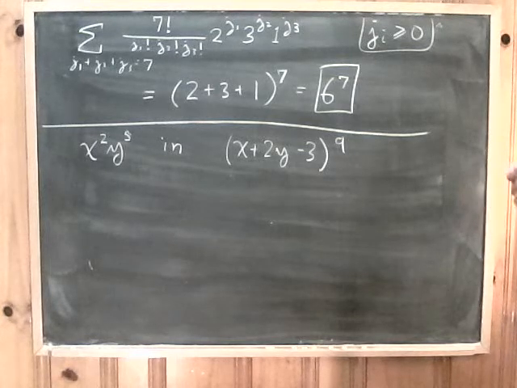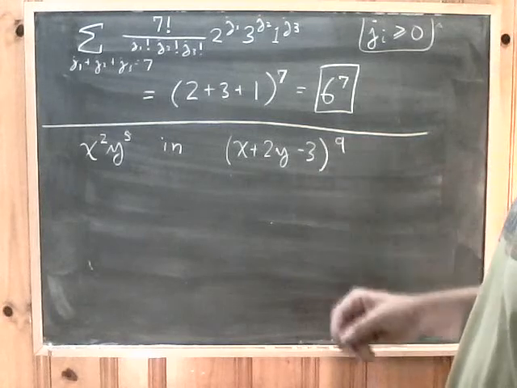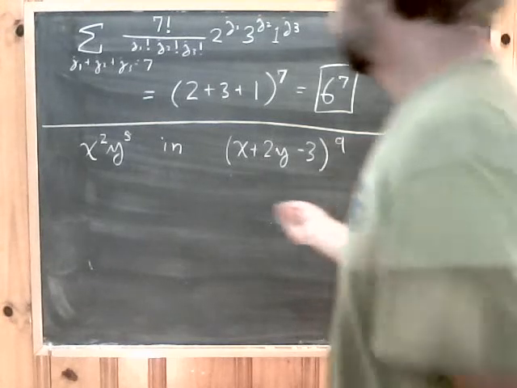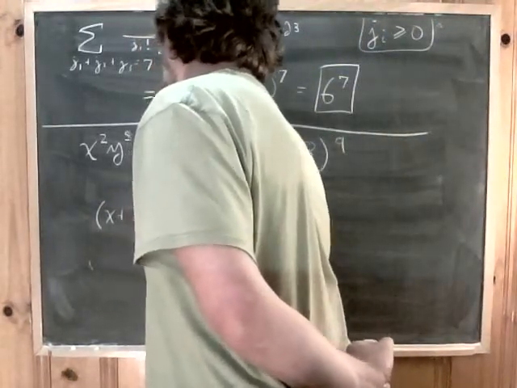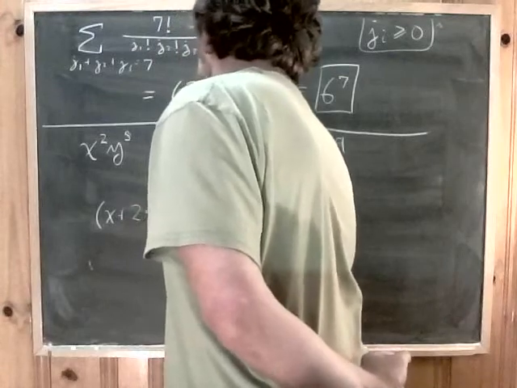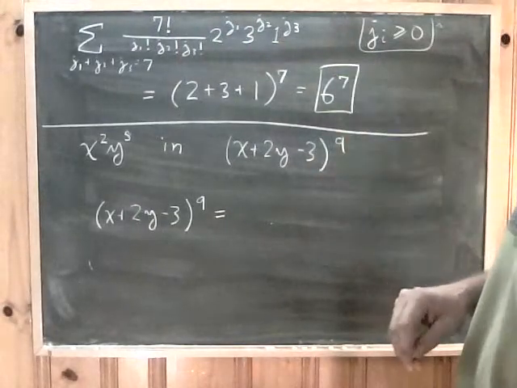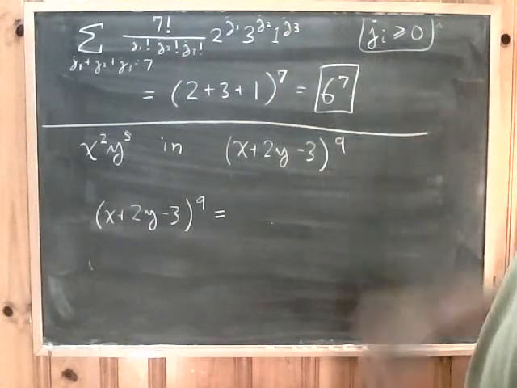Well, if you get good at this, you can do some of the work in your head. But for now, let's write x plus 2y minus 3 to the 9 using the multinomial theorem. So this is going exactly backwards from the previous problem. Previous problem, they gave us the summation. You have to recognize it and write down the multinomial.